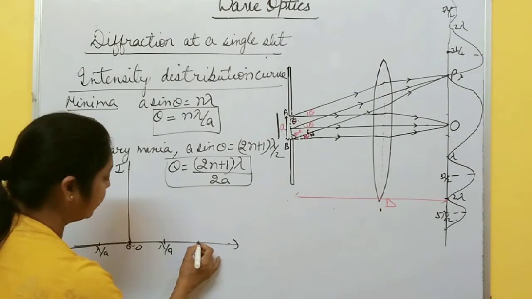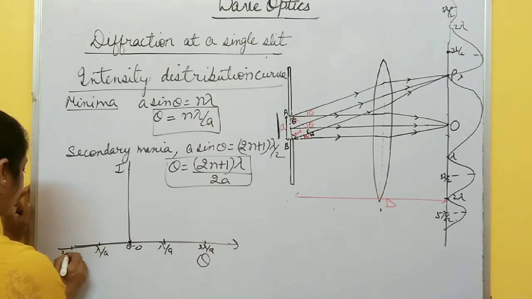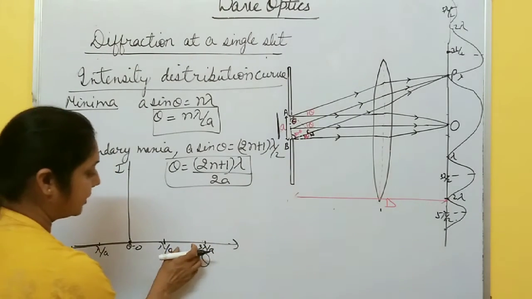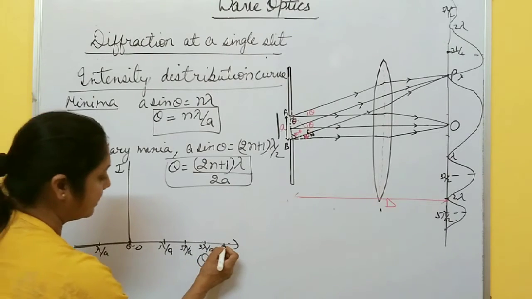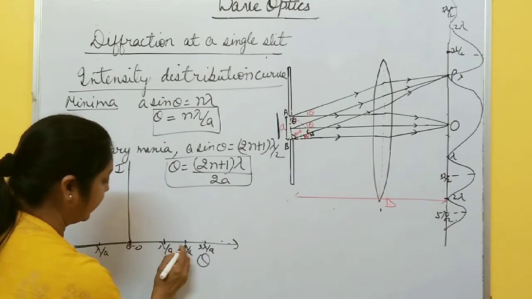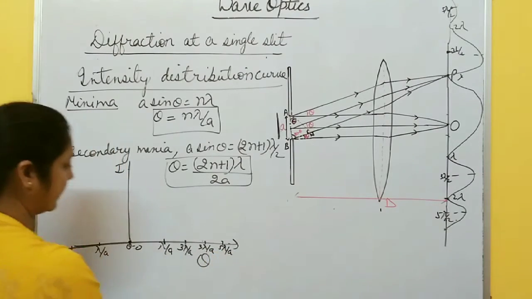Then the second minima at 3 lambda by a on both sides of the screen, and between these two minima, at 5 lambda by a, the first secondary maxima, sorry, 3 lambda by a. Here 5 lambda by a is the second secondary maxima.